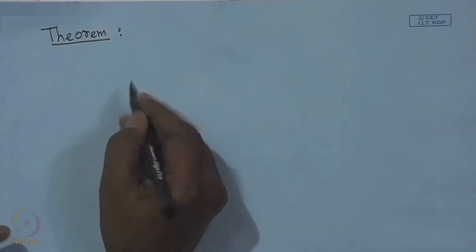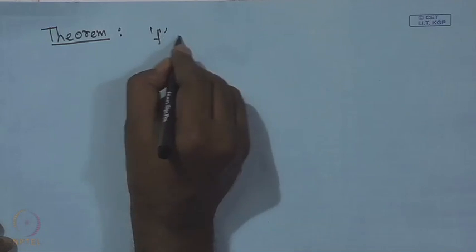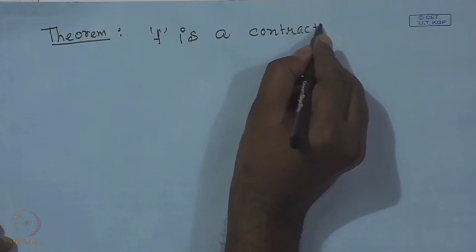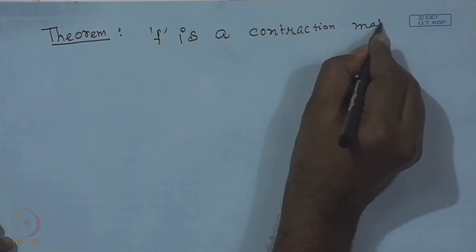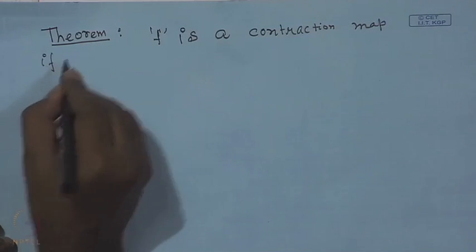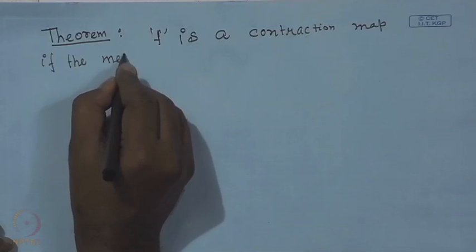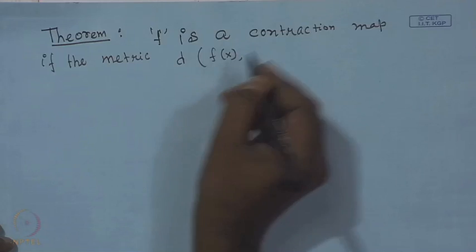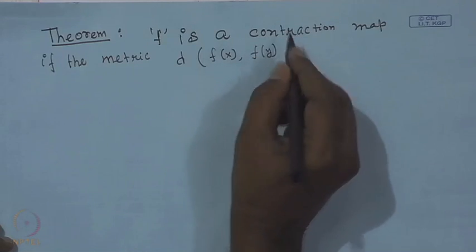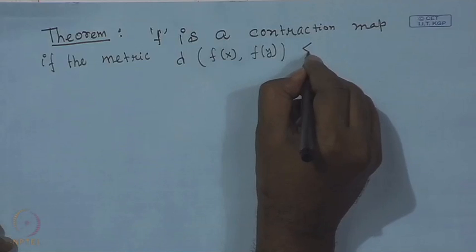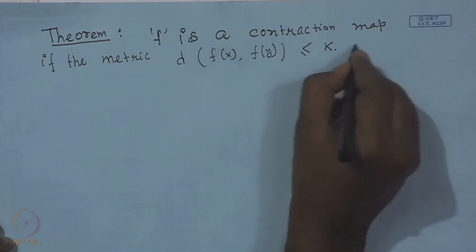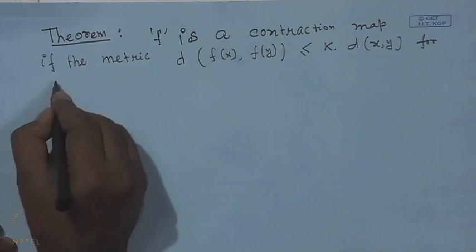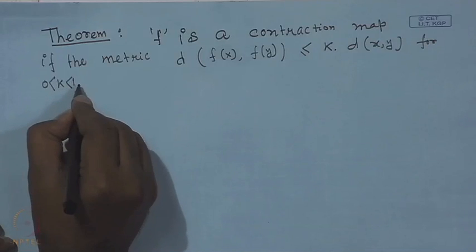So, next we look into the theorem of contraction mapping. The theorem goes like this: F is a contraction map if the metric d of f x and f y is less than or equal to k times the metric between x and y, for k lying between 0 and 1.